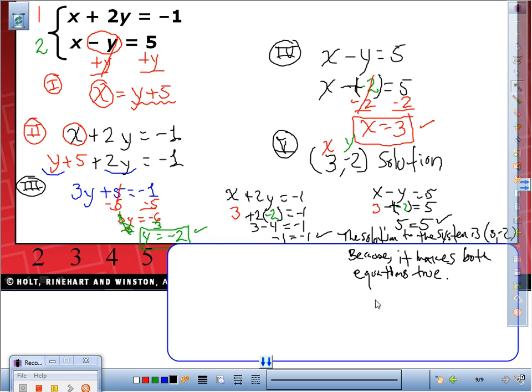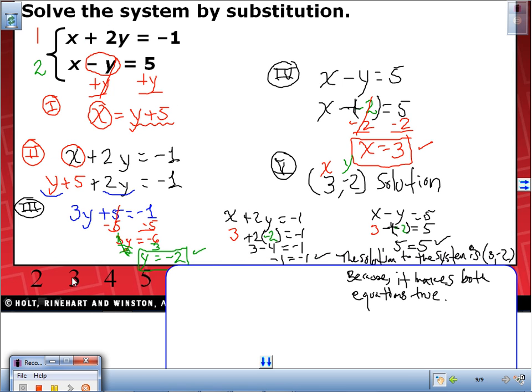Copy that, please. The solution to the system is 3, -2 because it makes both equations true. Okay. Thank you.